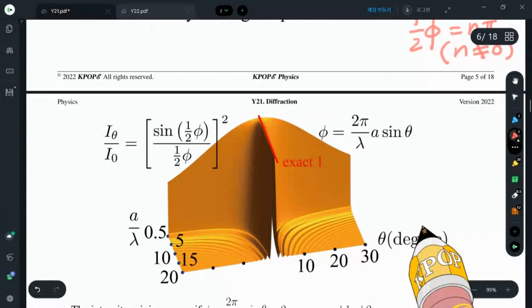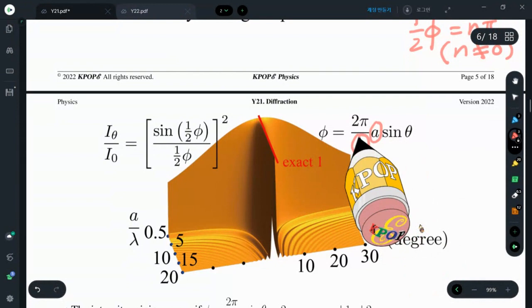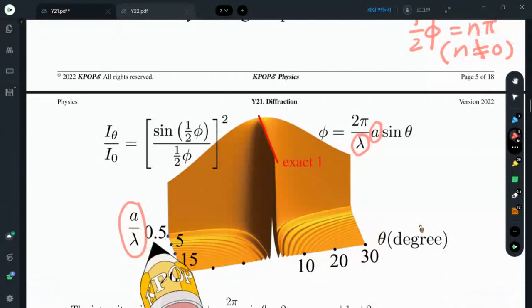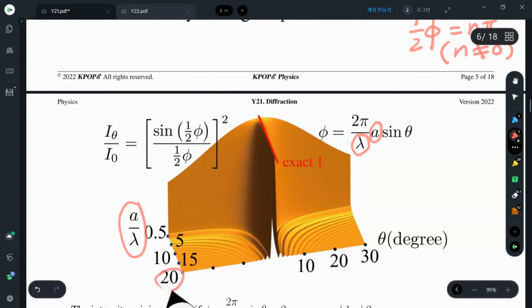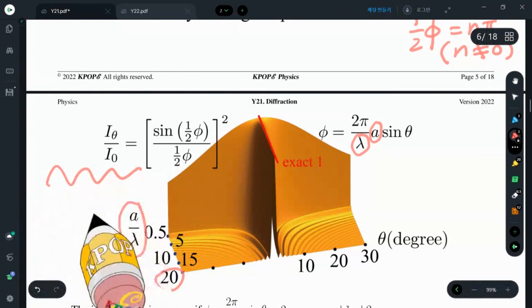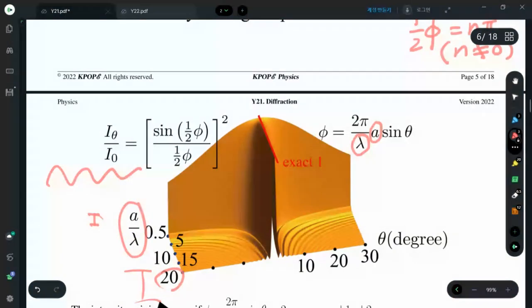This is a three-dimensional plot showing the dependence on the relative ratio of the width of the aperture and the wavelength. As you can see here, A over lambda is 0.5 and 20. This shows for a given wavelength, this aperture is very tiny, just 1/2 of the wavelength, and aperture is very large.